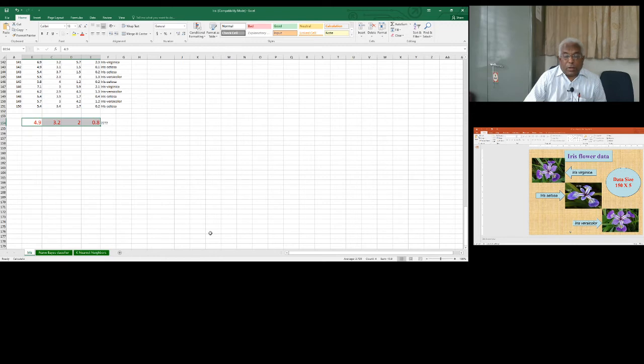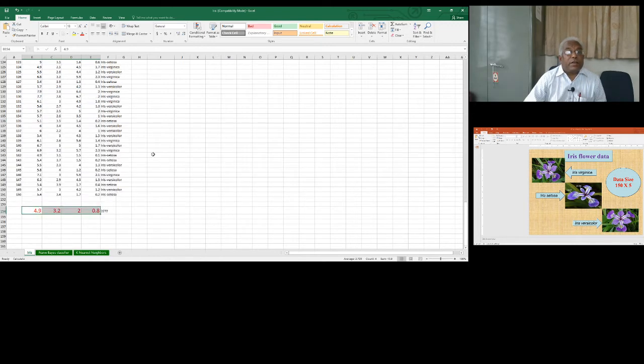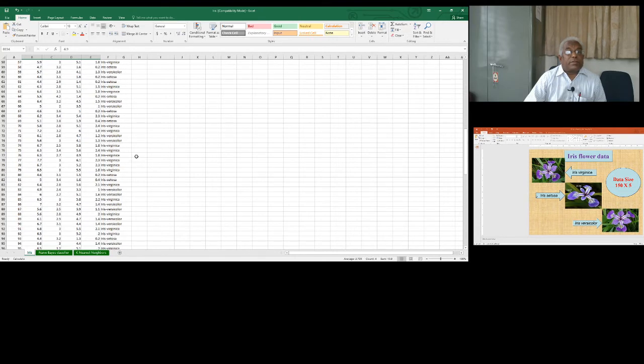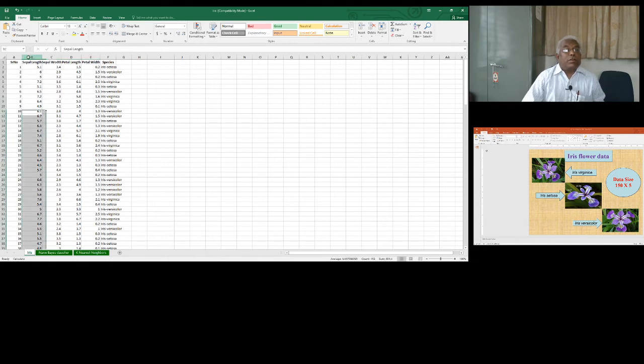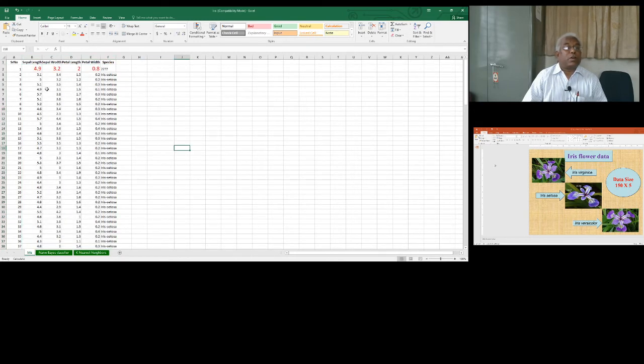Okay. Now before classification, we will try to see the graphs of this. And so, first of all, let me sort this data. I am sorting this data on the basis of species. So this is the sorted data.